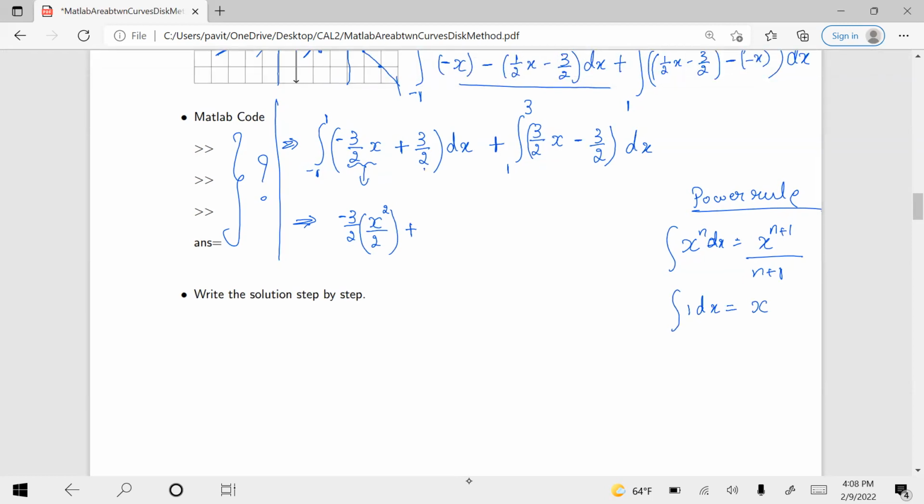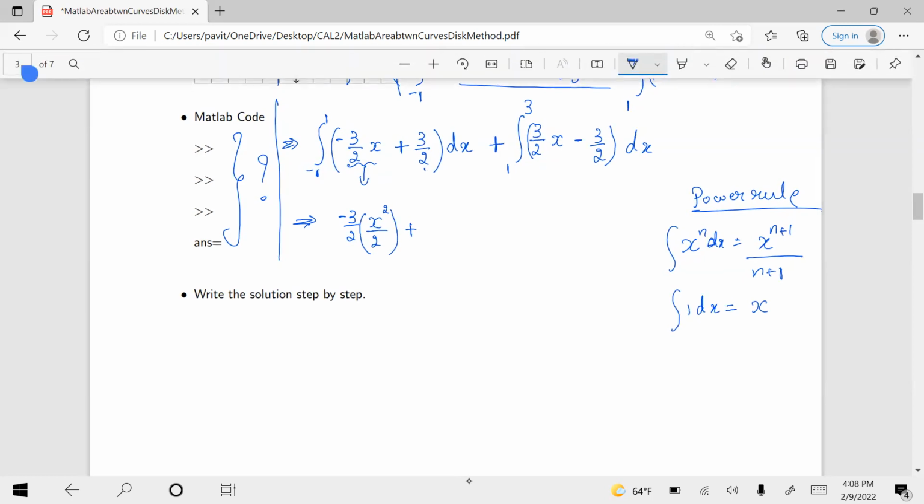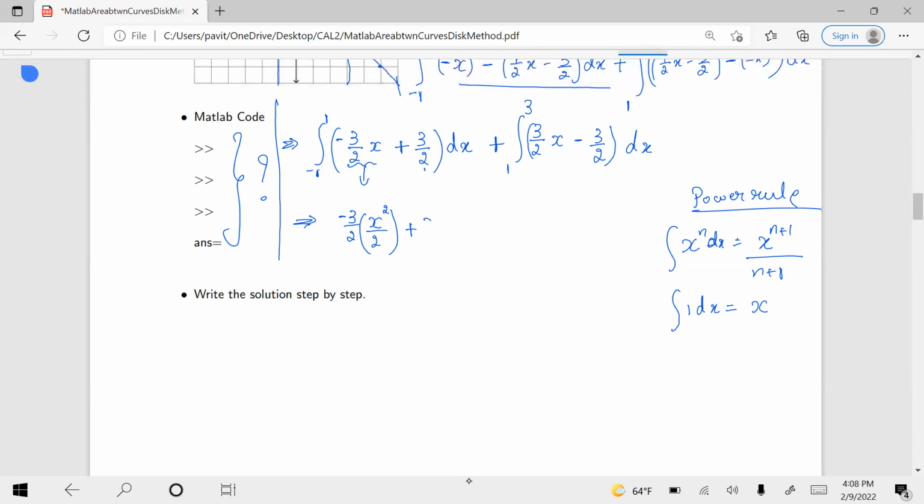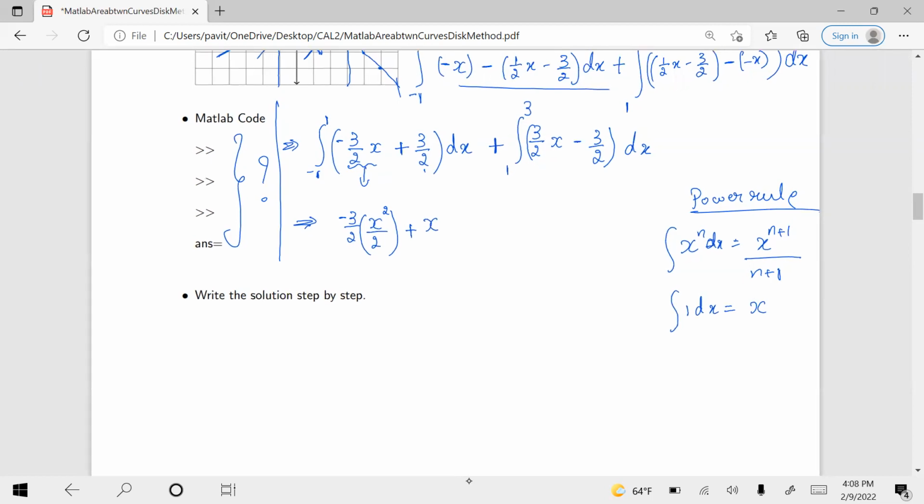Okay, so this is a constant, right? Now you're going to integrate that, so that will give you a constant. Oops, I have to write the constant as well. So this will give you constant.